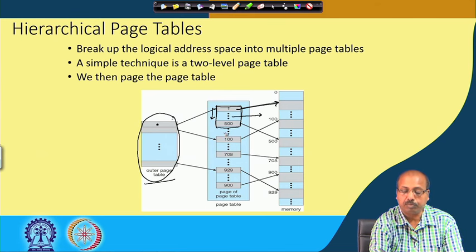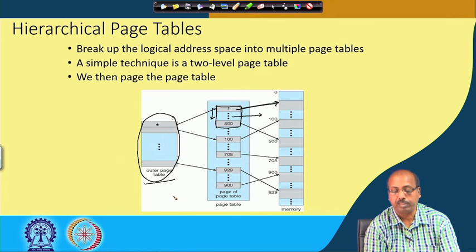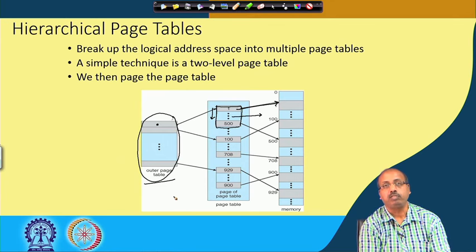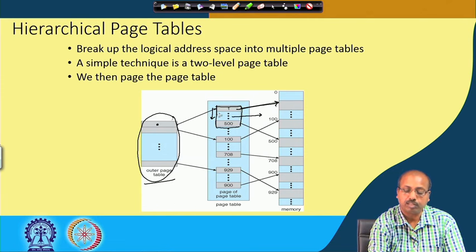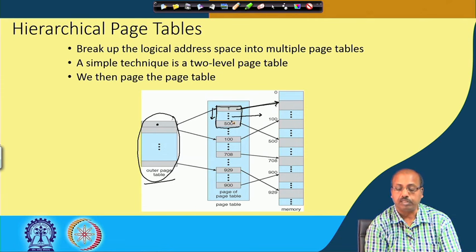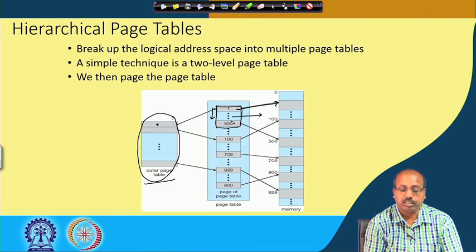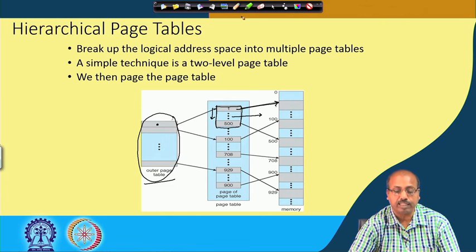If I assume individual page tables have 500 entries, then 500 into 4, that is 2000 bytes of contiguous location, will be sufficient. So, I can allocate them in different places. This is the way we have a hierarchical structure.